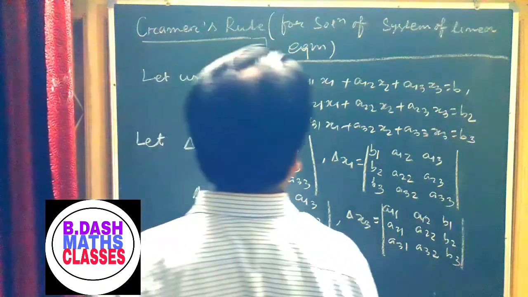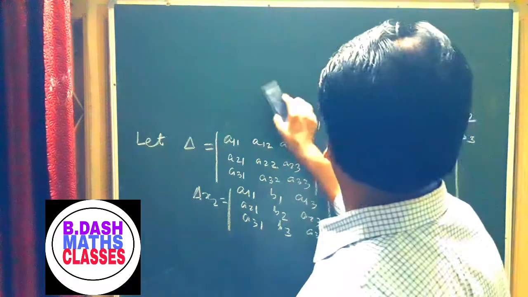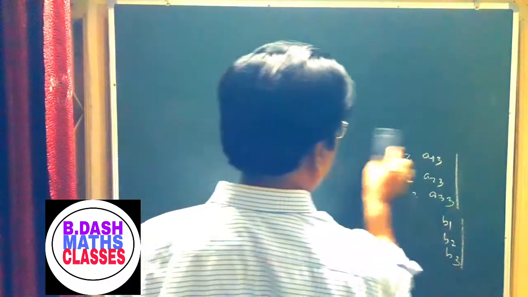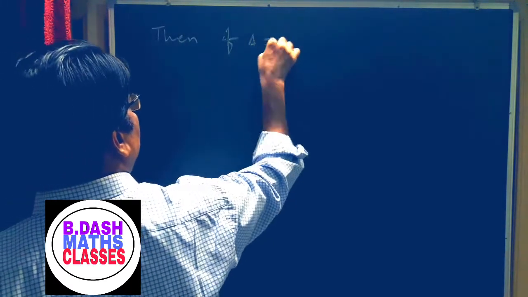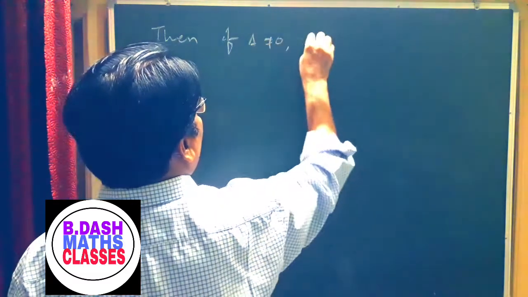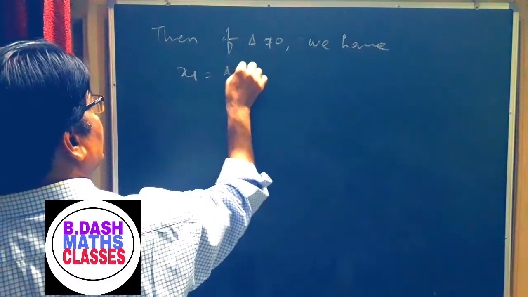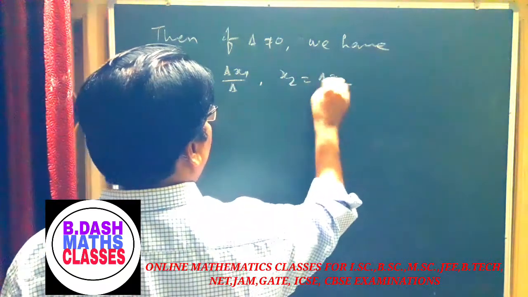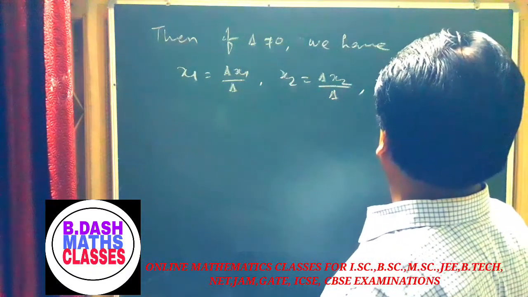Then if delta is not equal to 0, we have x1 equals delta x1 by delta, x2 equals delta x2 by delta, x3 equals delta x3 by delta.